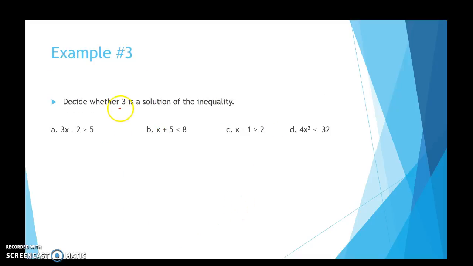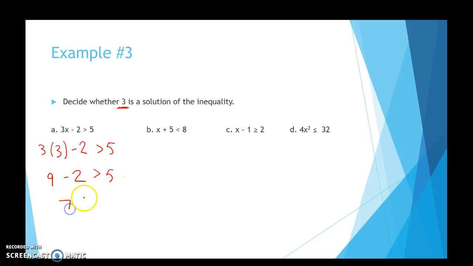They want us to decide whether 3 is a solution of the inequality. So we're going to substitute 3 in for x to determine if these are true or false inequality situations. So here we have 3 times 3 minus 2, is that greater than 5? Well, 3 times 3 is 9 minus 2, which gives me 7.